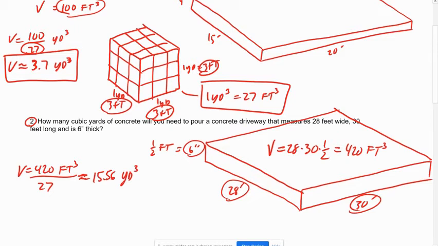And so again, if you were ordering from a concrete company, you'd probably ask for 15.5 cubic yards.